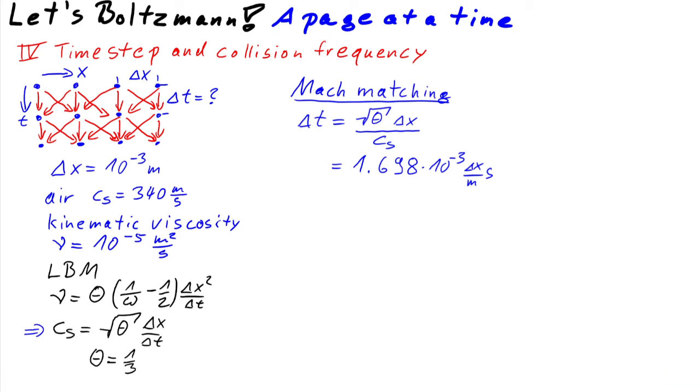So in the case of our example where we had delta x is equal to 10 to the power of minus 3 meters, it would mean that our delta t would be 1.698 times 10 to the power of minus 6 seconds. So that would be our time step.